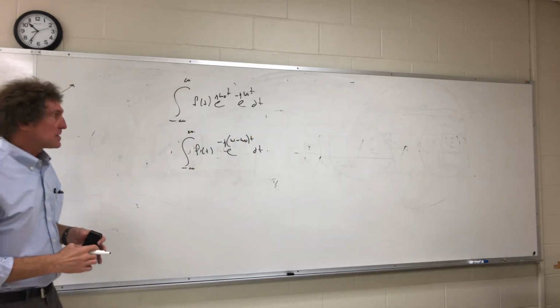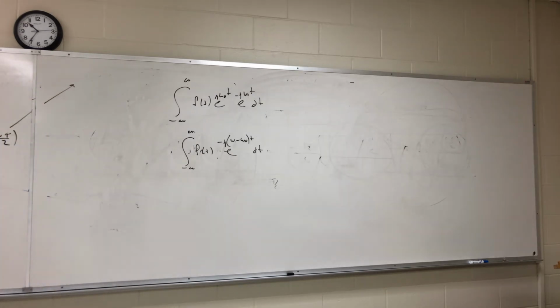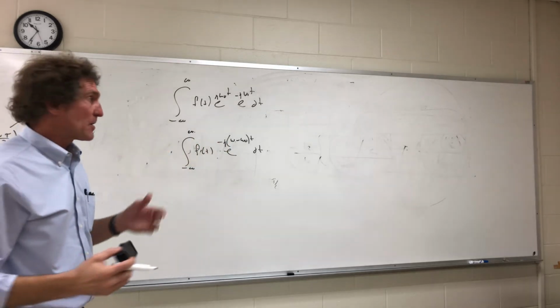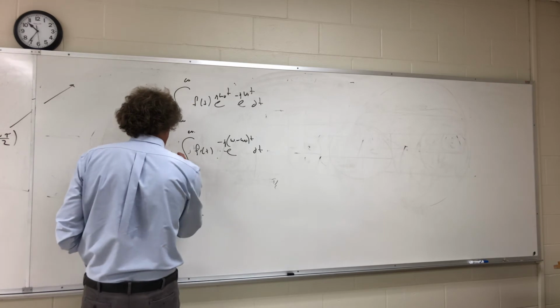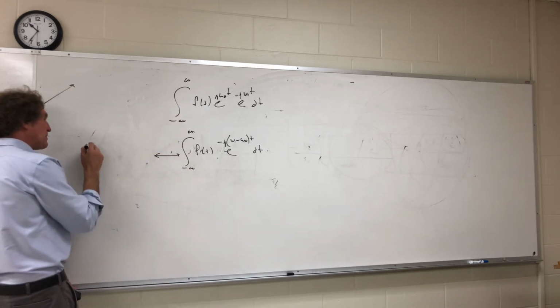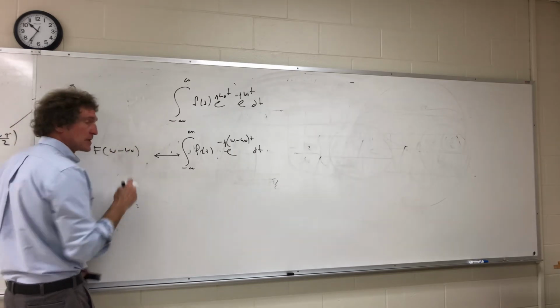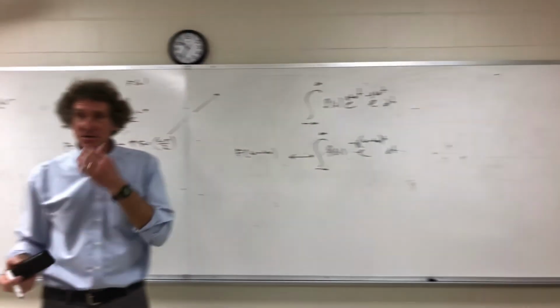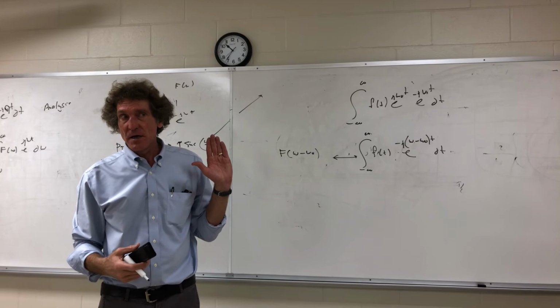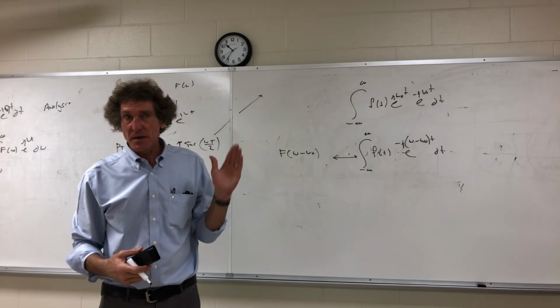And if you look at the definition of the Fourier transform, what you do is transform a function f of t into this dimension omega. So whatever the coefficient is of the minus jt, that is the transform variable, which means this transforms not as F of omega, but as F of omega minus omega naught. So that's the transform property of modulation with only an e to the j omega naught t.